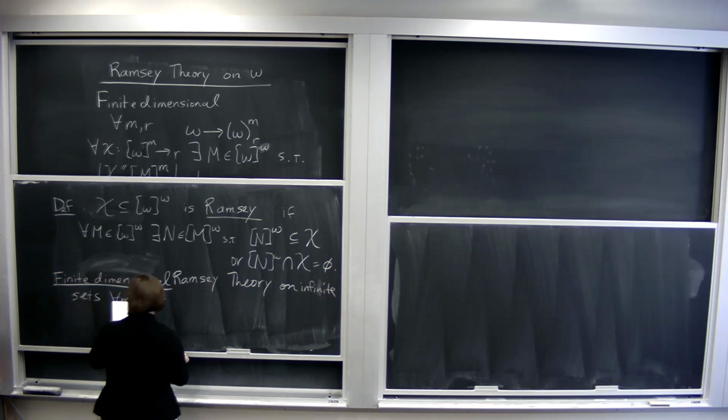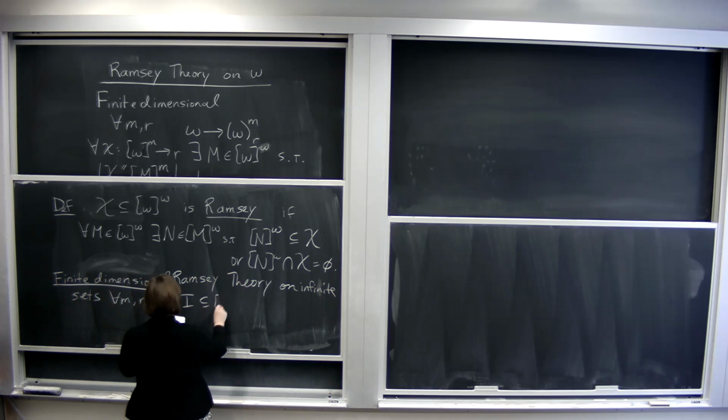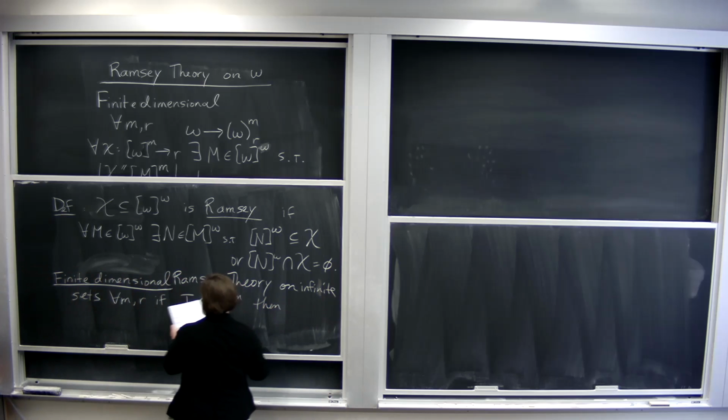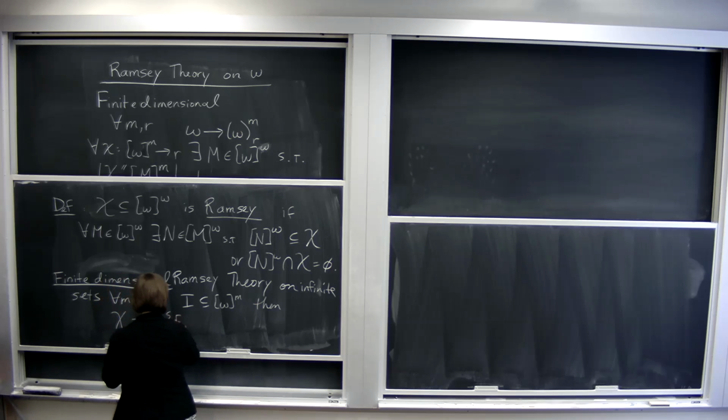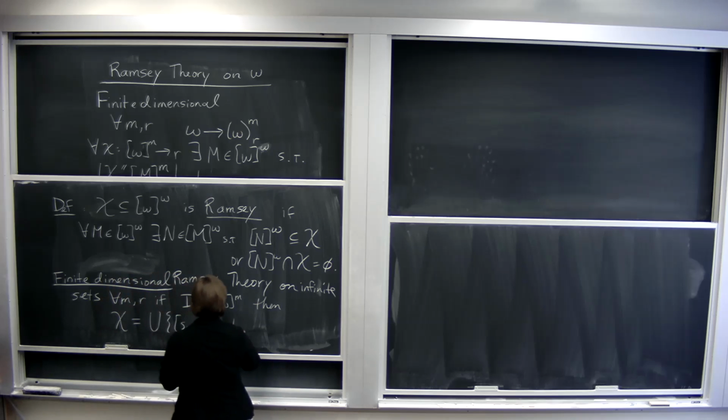if I is a subset of omega to the m, then this set is Ramsey.